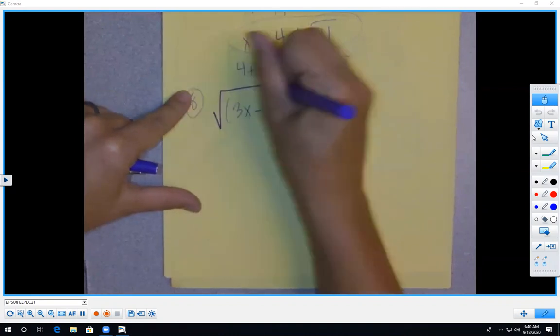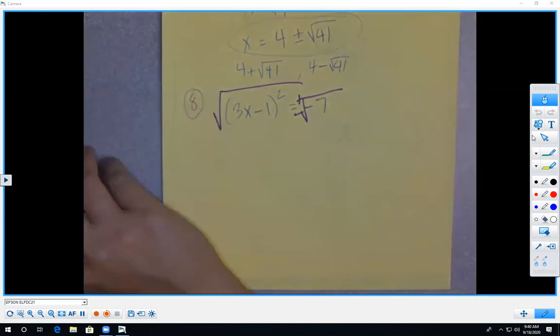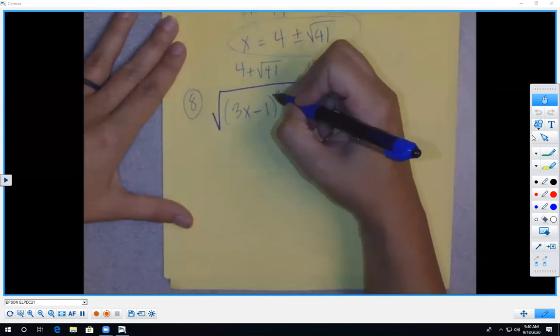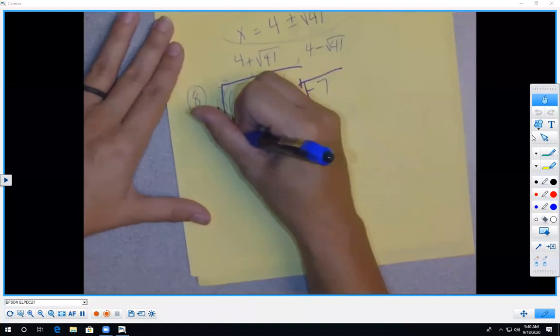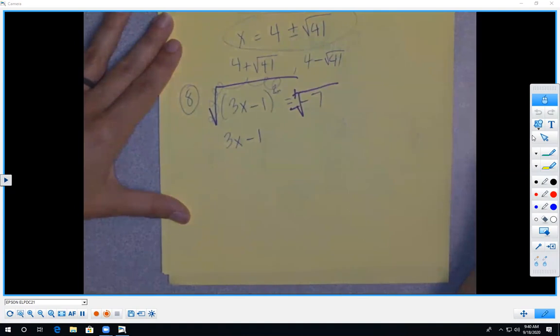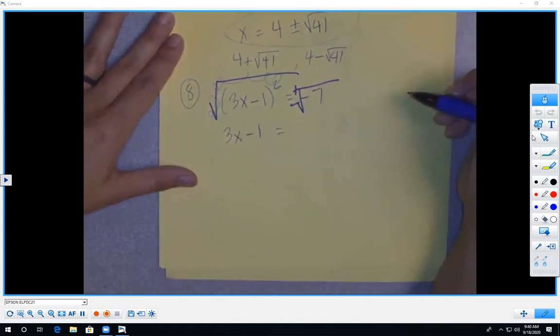Square root both sides. Don't forget your plus or minus. So now on the left-hand side, the square and the square root, they undo each other. So I'm left with 3x minus 1. On the right-hand side, plus or minus the square root of negative 7.